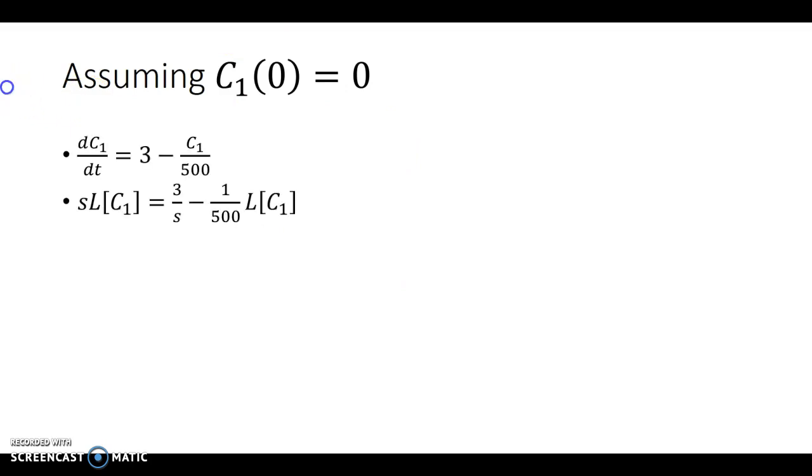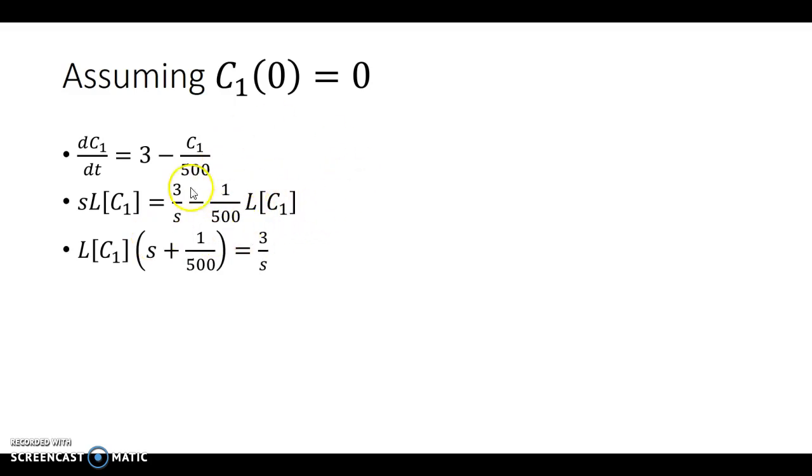So we begin by doing the Laplace transform, same as usual. S times Laplace of C1 minus the initial condition, but the initial condition is 0, so I'm not even going to write that term. Laplace of 3 is 3 over S. And here we have to be careful because C1 is our dependent variable, so this is really minus 1/500th C1. So factor that constant out, I have the Laplace of C1.